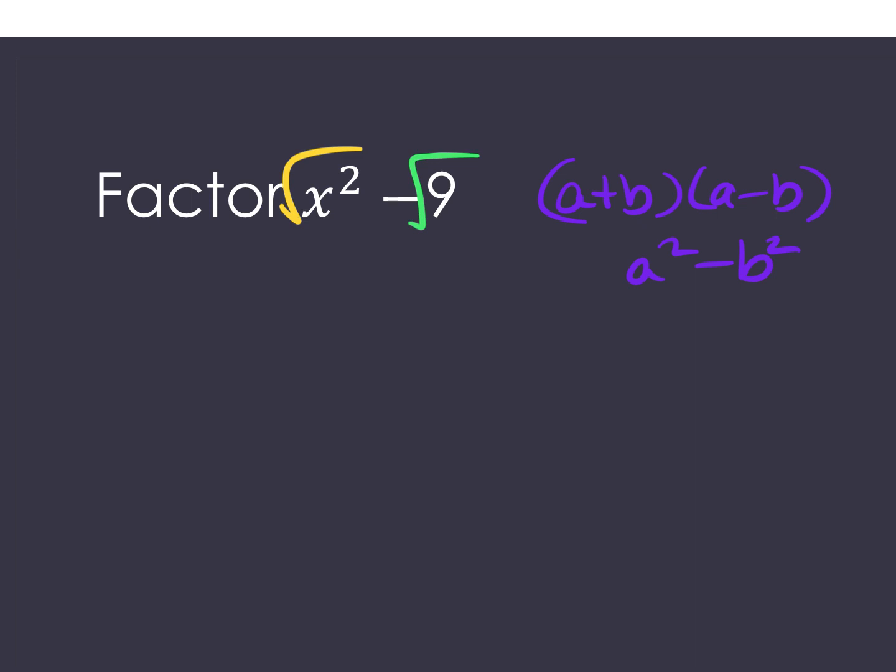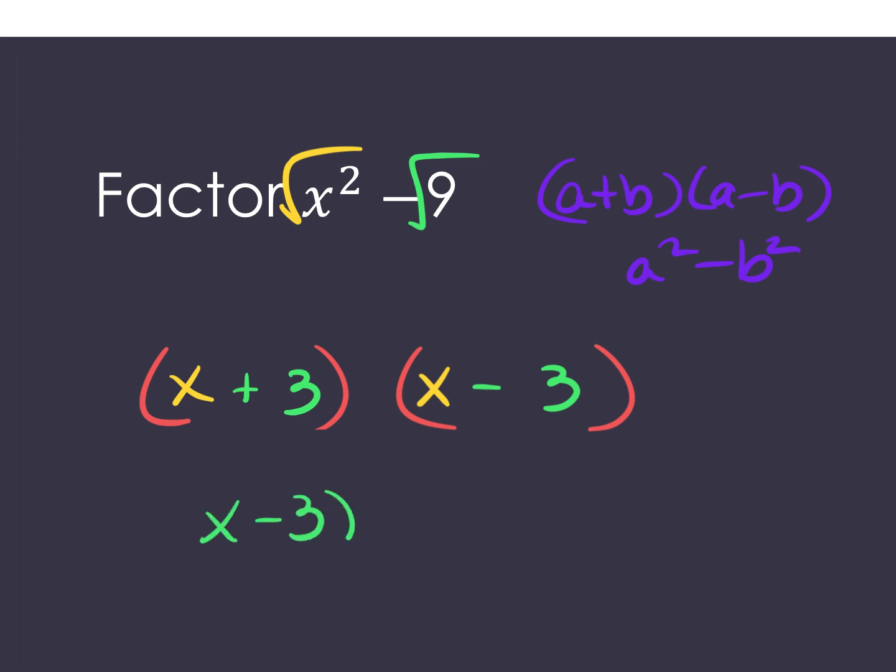In your parentheses, the square root of x squared is x, the square root of 9 is 3. One gets a plus sign, one gets a minus. It doesn't matter if you put the minus first and then the plus second. They're going to be exactly the same letter and number. This only works when both terms here are perfect squares.